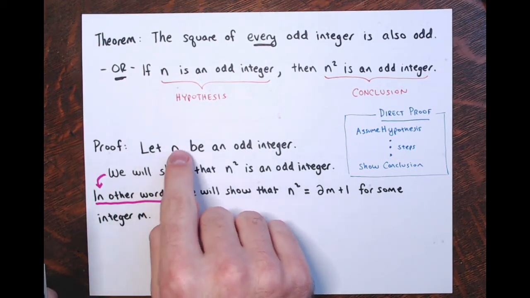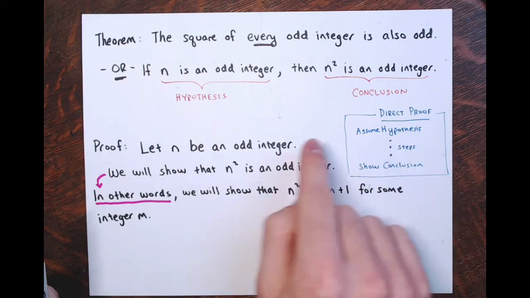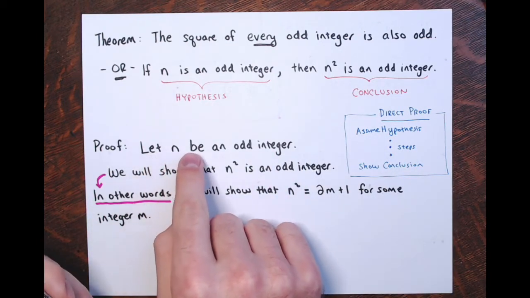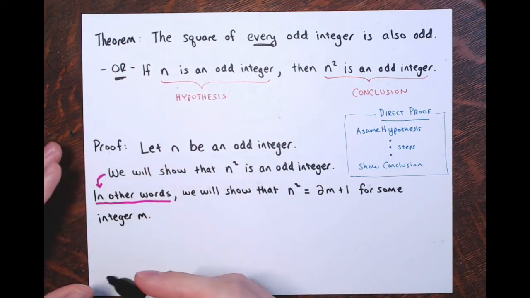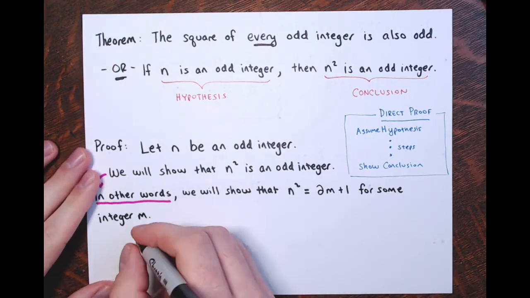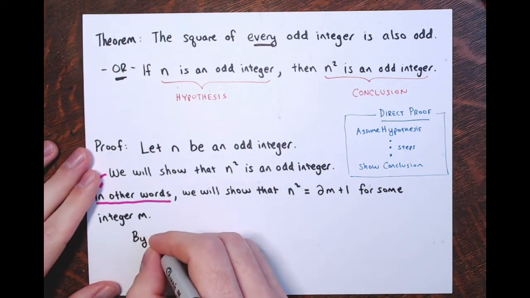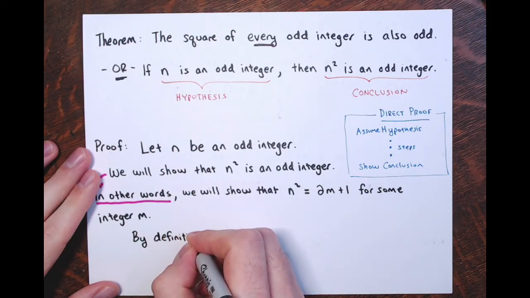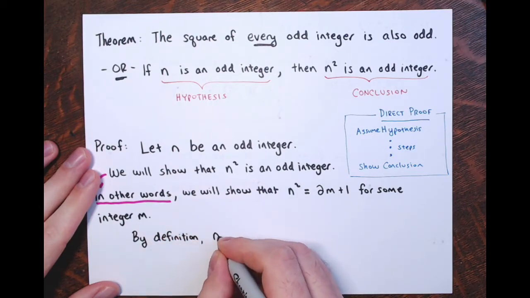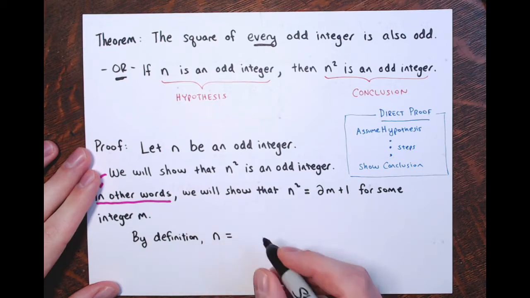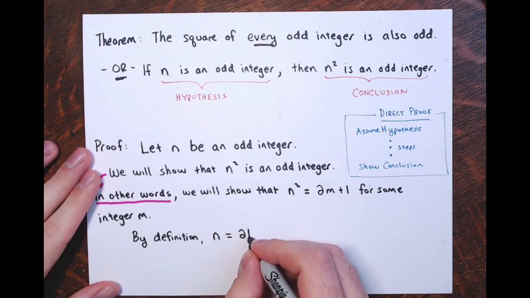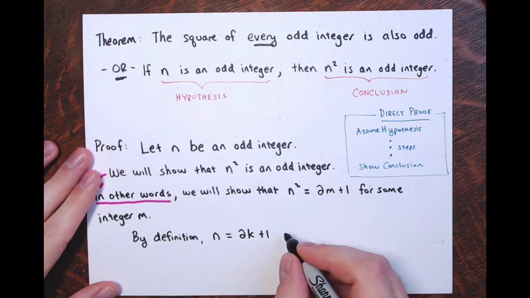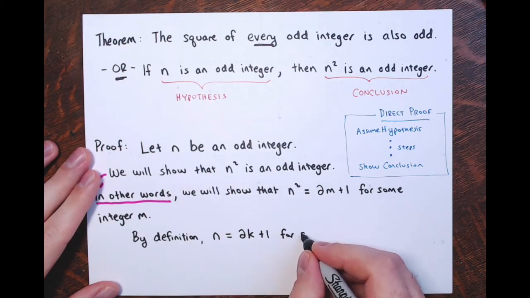So again, I'm starting with the assumption of the hypothesis. We're assuming that n is an odd integer. Now again, I'll bring in the definition. What does it mean to be odd? By definition, n must be equal to, say, 2 times k plus 1 for some integer called k.